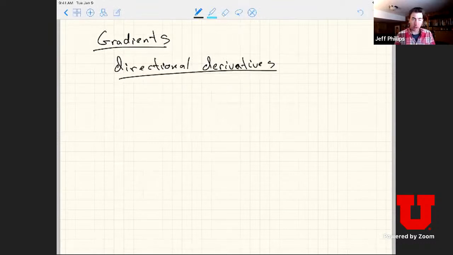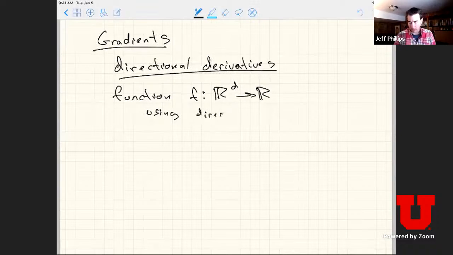A directional derivative of a function f from R^d to R is going to use a direction, which I mean as a vector u, also in R^d, u equals u1, u2, up to ud.